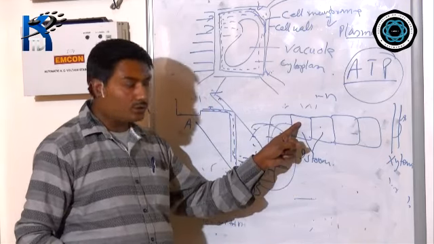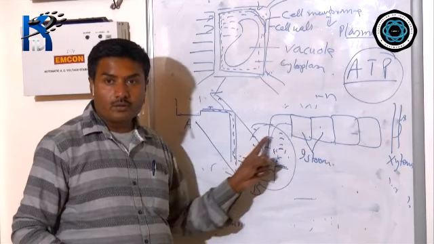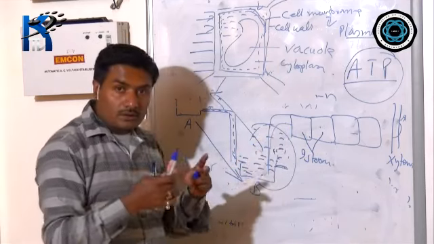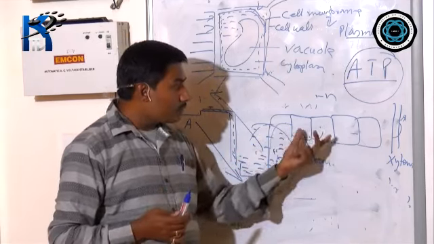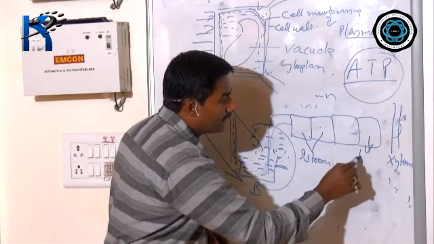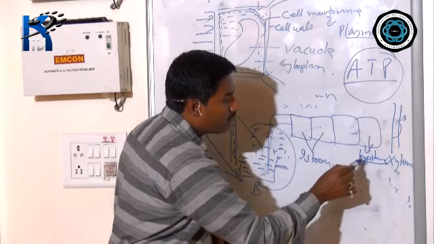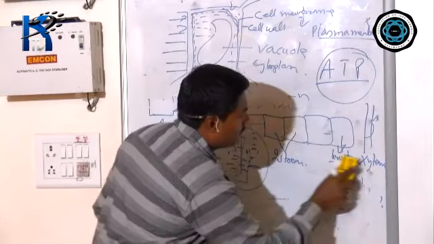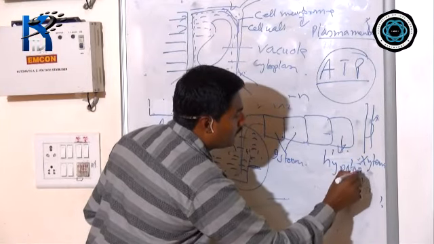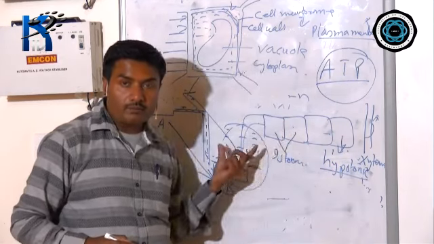This cell is isotonic, this cell is also isotonic. In this case there will be no movement of molecules. Or sometimes the condition may be that this cell is hypotonic. During this condition also there will be no movement of molecules.